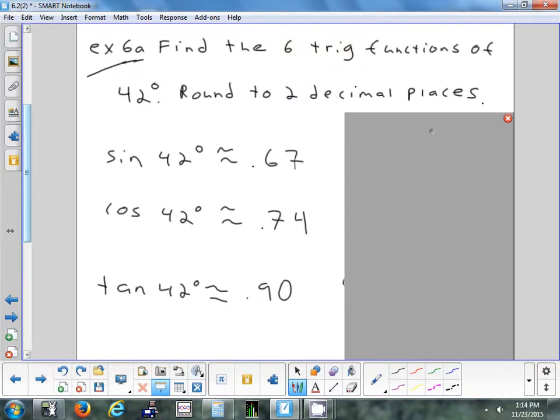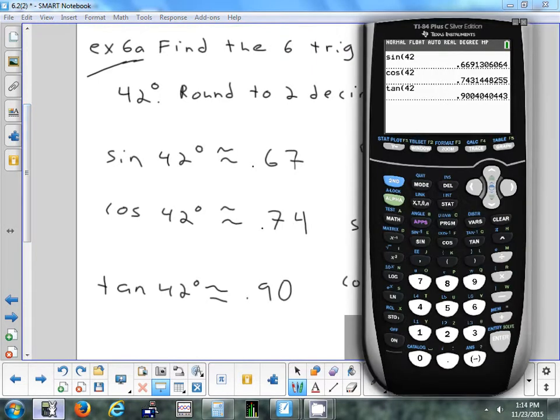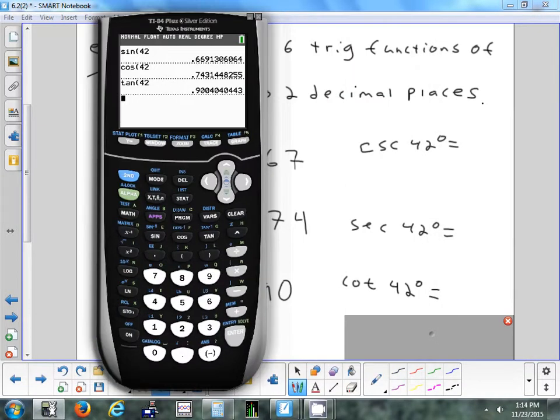Okay. Now, the other 3, we don't have buttons for. Sometimes people suggest, well, what about second sine? That's something different. Anybody know what that is? That's inverse. Okay, we're going to talk about inverse sine, but not today.